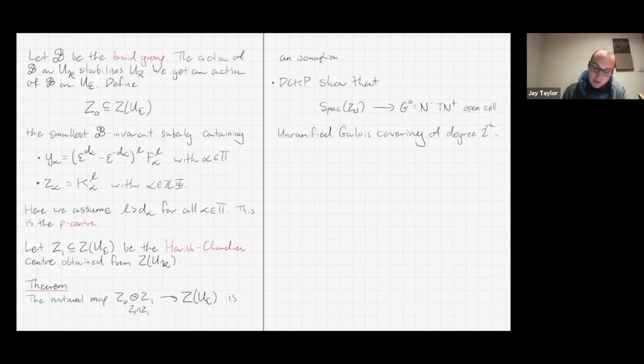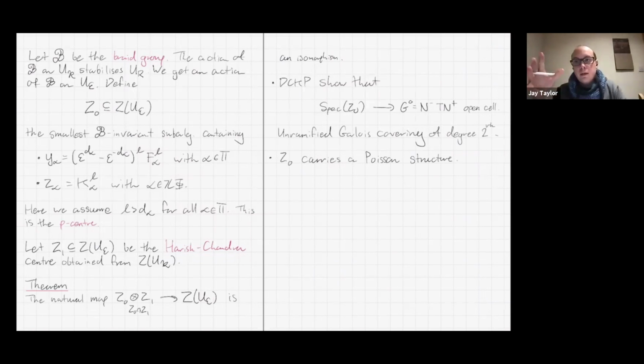Right, and then there's just one more thing to be mentioned, is that the center carries a Poisson structure.